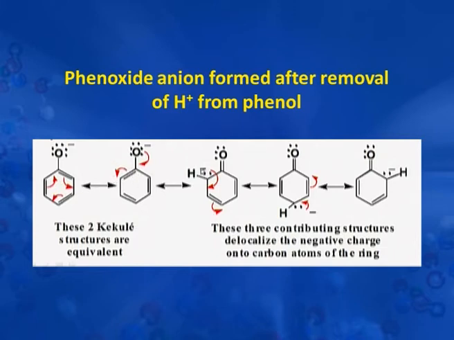You can see that the negative charge is present on oxygen in these two cases, whereas negative charge is present on carbon here, here and here. And when negative charge is present on a less electronegative atom, then the contributing structure does not contribute much towards the resonance, and that is the reason that carboxylate anion is more stabilized compared to phenoxide anion, and finally, the carboxylic acid is more acidic than phenol.